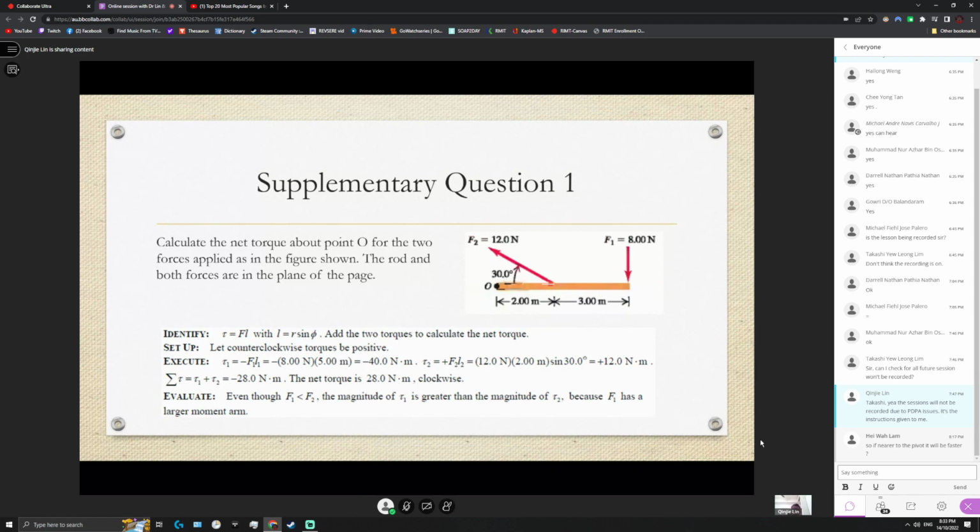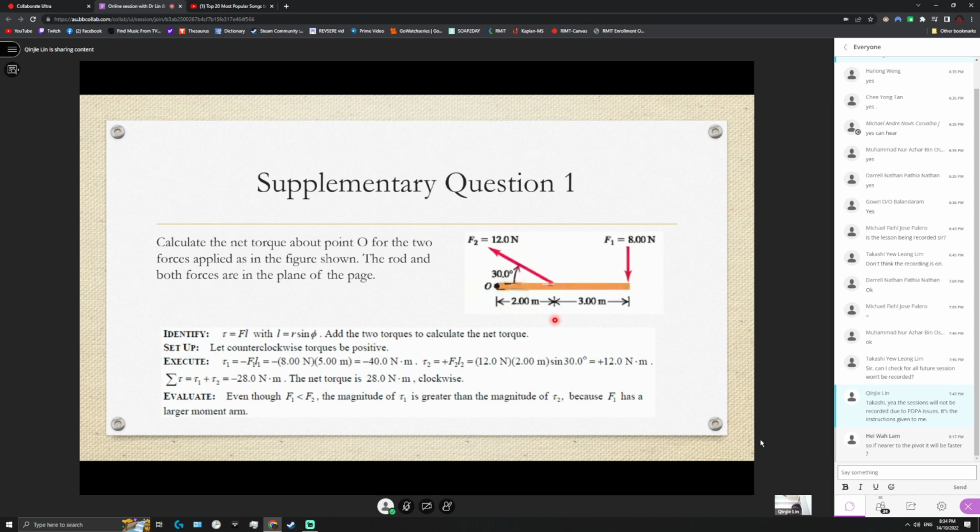Question 1. Calculate the net torque about point O for the two forces applied as in the figure shown. The rod and both forces are in the plane of the page. So we have two forces, and the pivot is here. What is the net torque? Consider it an easy question. We just need to do a summation of torque. Torque we know is force times perpendicular distance.